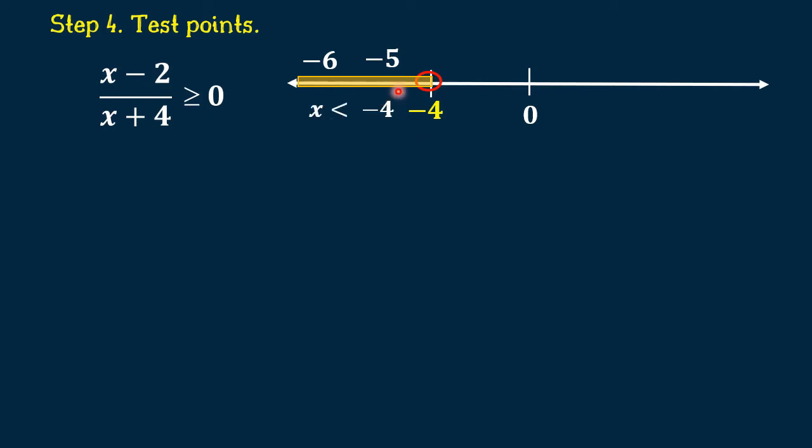And we can write these values as x less than negative 4. Again, as previously given to you, kapag ang shaded region ay nasa kaliwa, ibig sabihin ang gagamitin yung symbol is less than. Since our negative 4 is not included, our inequality symbol here is less than.